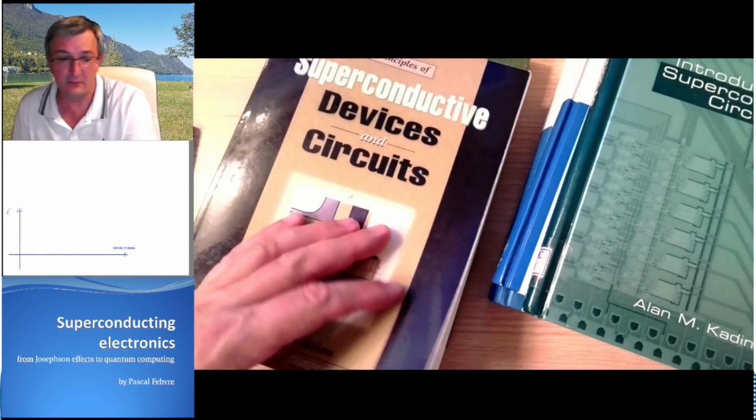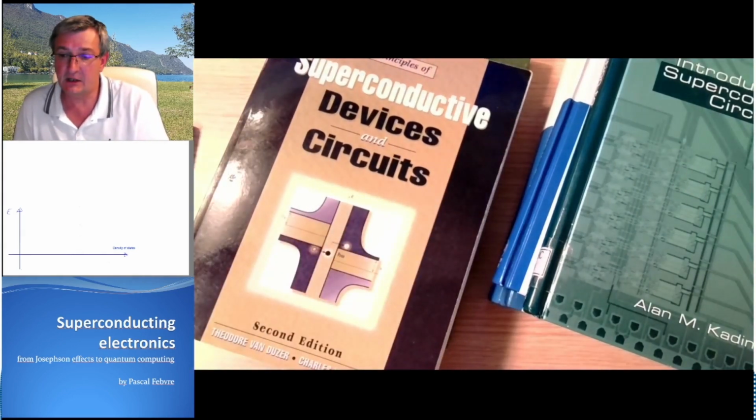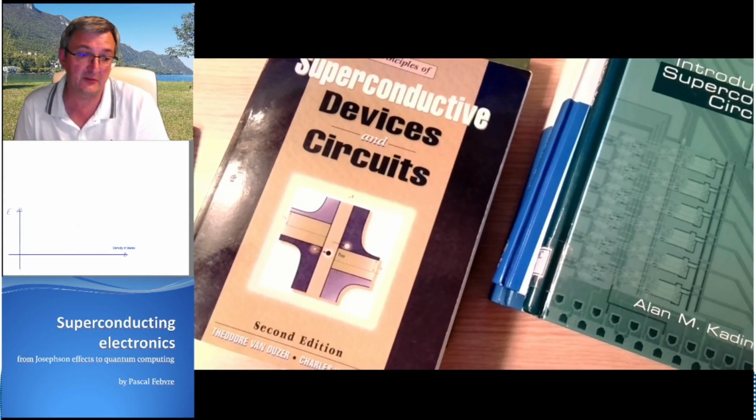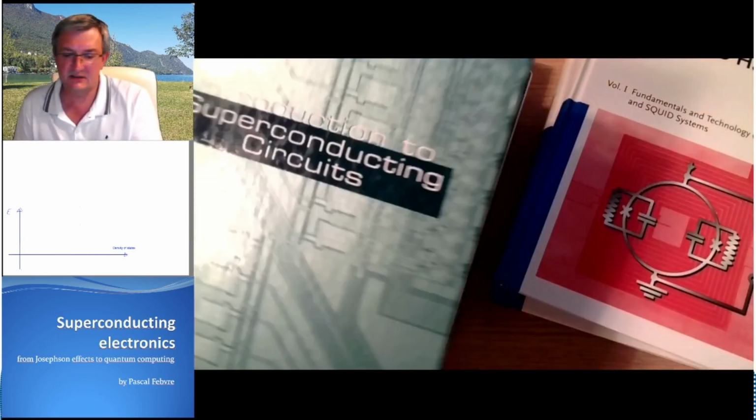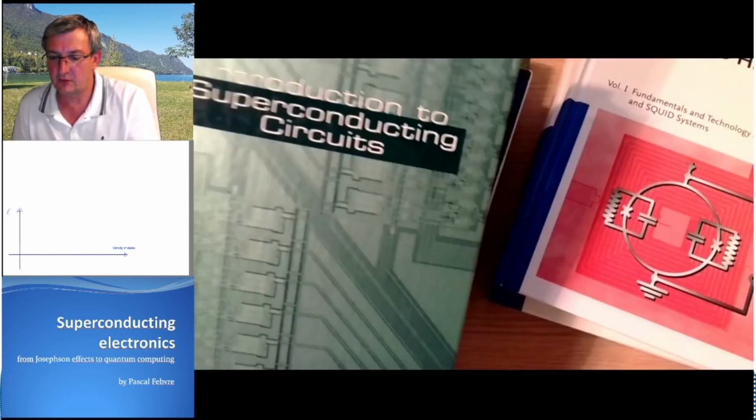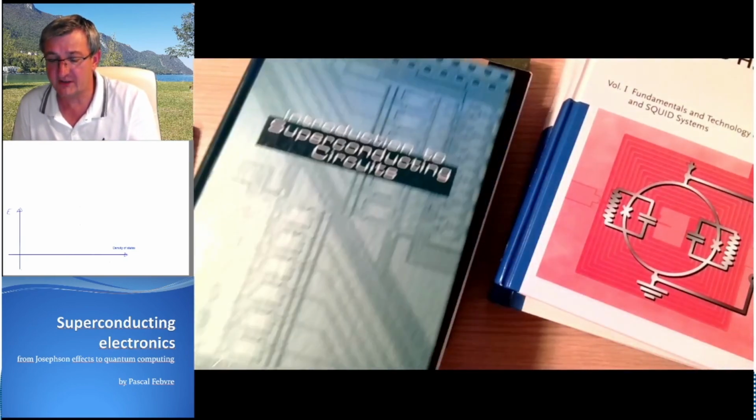I don't have them here, but one is the one by Konstantin Likharev, and I will show you the reference in the next slide. It was published something like in the early 80s. There is also a book by Alan Kadin, which is really interesting for electronics.